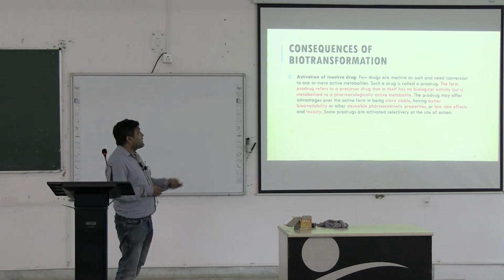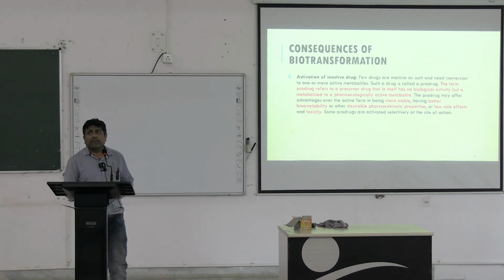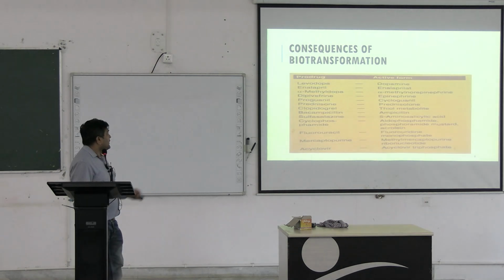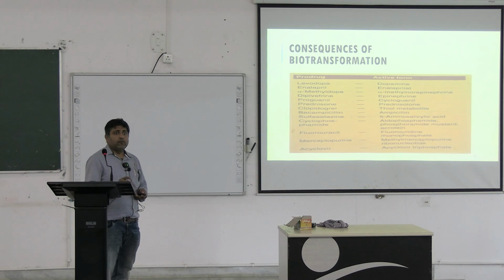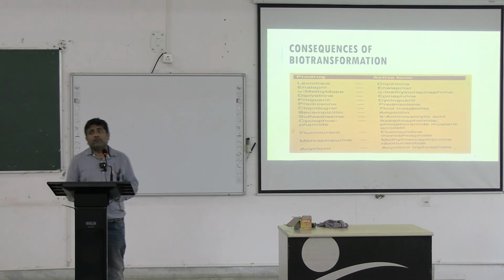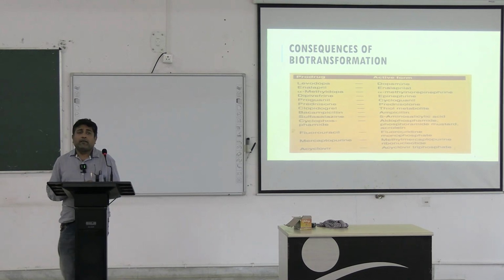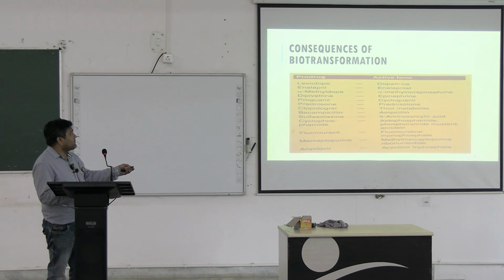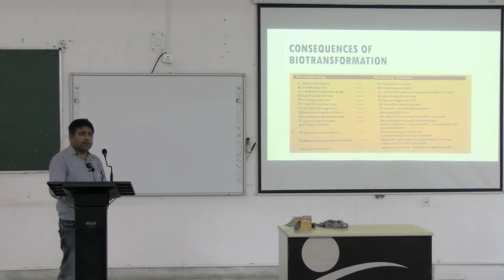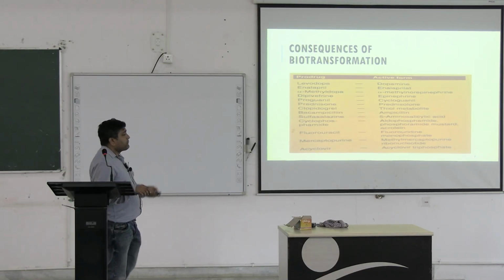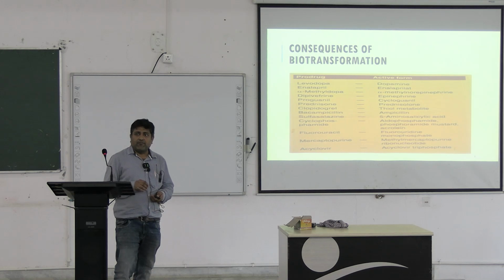Some prodrugs are activated selectively at the site of action. Now, these are examples of prodrugs, like levodopa. Levodopa is an anti-Parkinsonian drug. It's a prodrug. In the body, it is converted to dopamine, the active metabolite. Enalapril is an antihypertensive drug.